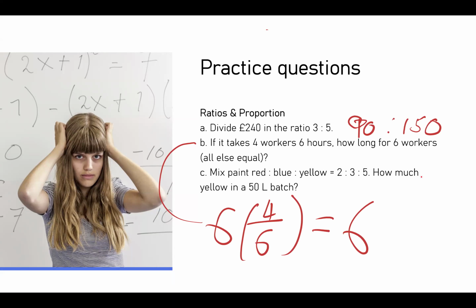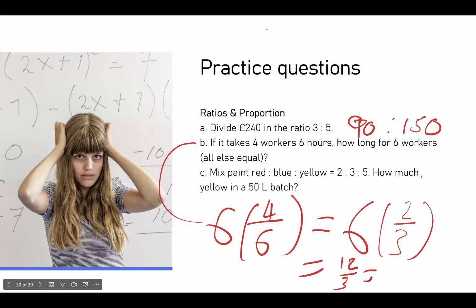So we can do 6 as 2/3. For 6 workers it would take 6 times 2/3, which is 12/3, which equals 4 hours.